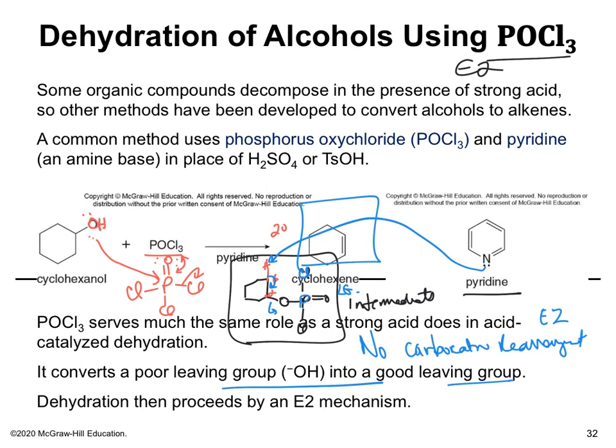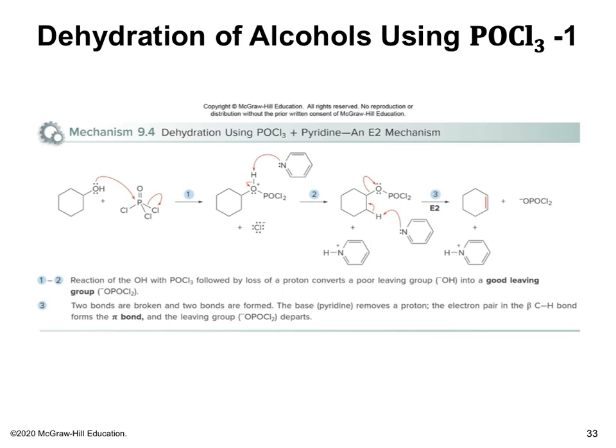You've seen these phosphoryl compounds in DNA. You might not have thought about it, but your phosphodiester backbone contains great leaving groups, folks. Dehydration proceeds through an E2 mechanism. So if you're going to use POCl3 and pyridine, you're going to have an E2 mechanism, and you're going to have no rearrangements because you don't have to worry about rearrangements, right?